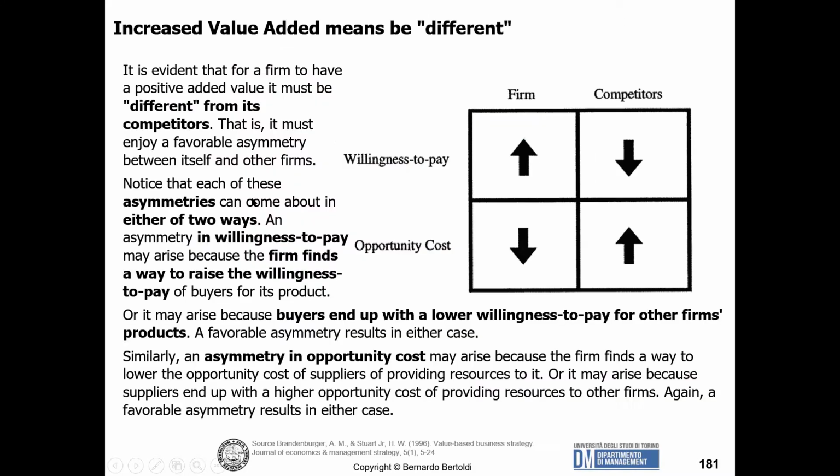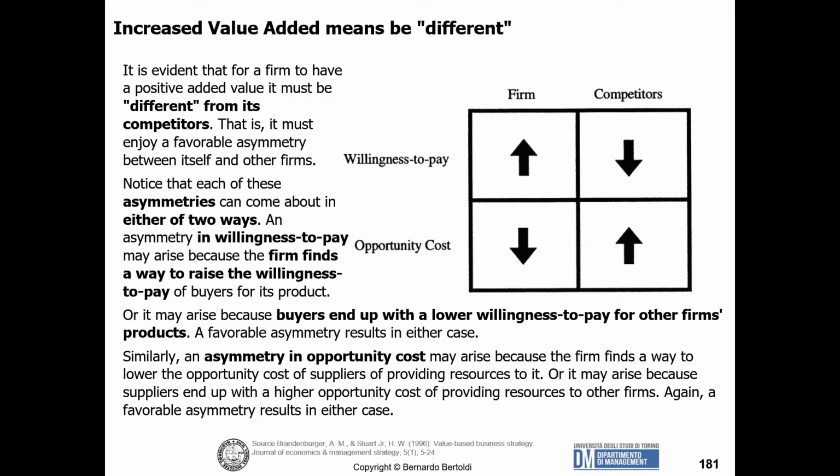Going back again to Brandenburger and Stewart, the key point is that there are four ways in which value added can be different. And so you can position yourself in the 150 or in the 100 willingness to pay position.